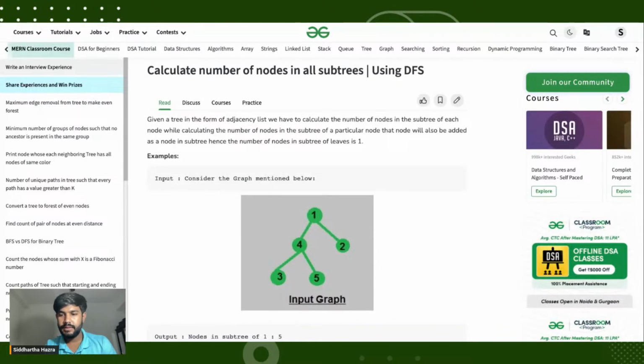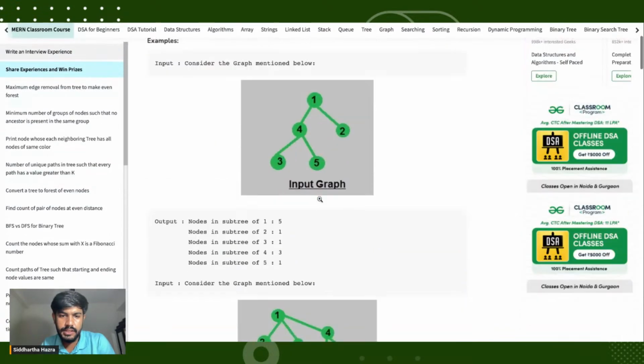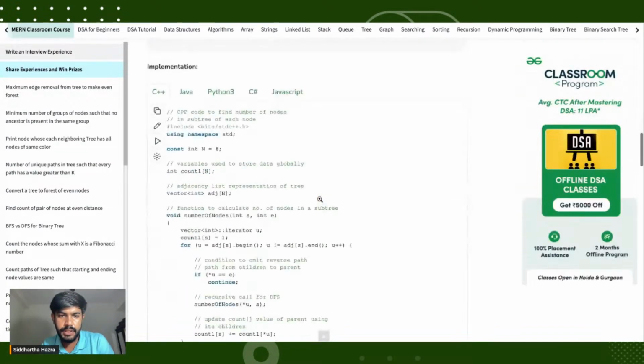This is basically the question. If the logic is clear, then it is fine. You were here for logic, not for a solution. Just learn to calculate the number of nodes in all subtrees, and then you would understand this. See, here the code would be absolutely the same thing.